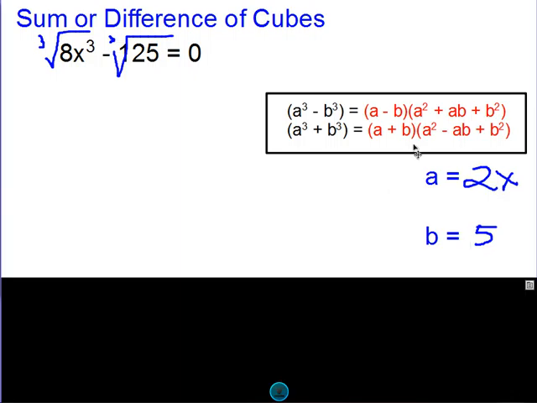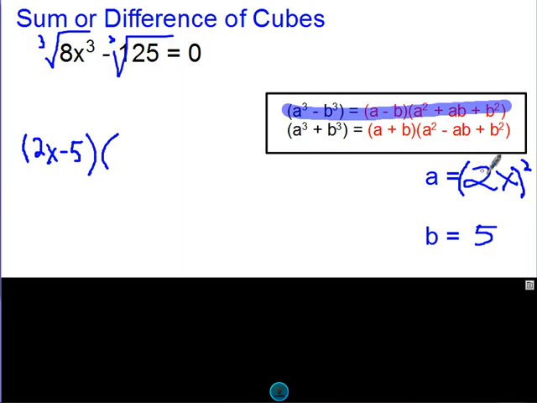Now you're going to take your a and b and plug them into your formula. This is the difference of cubes, so we're going to use this pattern right here. We have a minus b, so we would call this 2x minus 5. And we have a squared plus ab plus b squared. So a squared, now here's where mistakes are going to be made if you're not careful. When you're squaring a, square the whole thing.